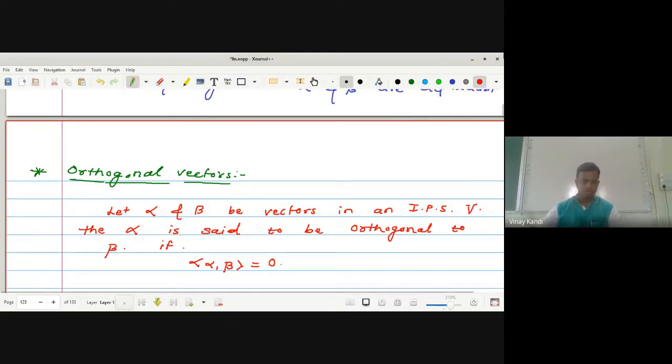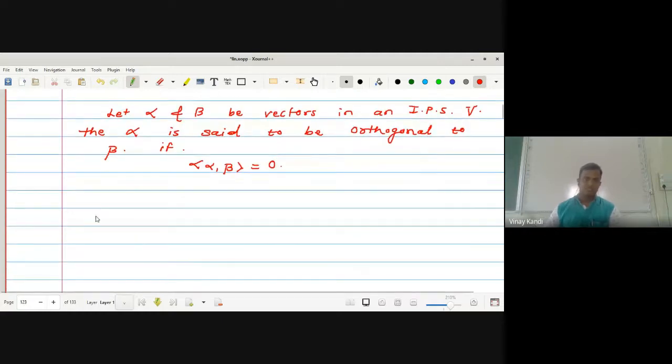Now look at some properties of orthogonal vectors. The relation of orthogonality in an inner product space is symmetric. What is the meaning of symmetric? If x is related to y, then y is related to x.